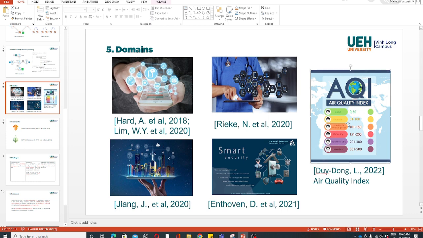And another new branch of research is now about air quality index.